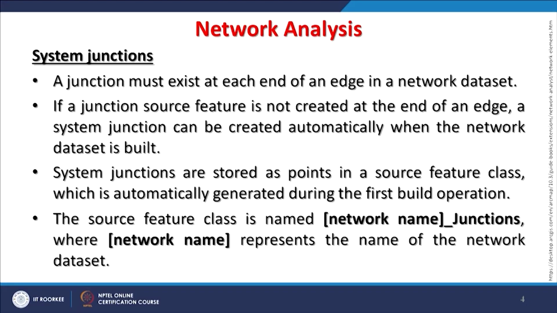So the source feature class is named as network name, and then junction, where network name represents the name of the network data set. And so likewise, everything is organized in our network database. And when the network data set is created, the user will make choices that determine which edge and junction elements are created from source features.